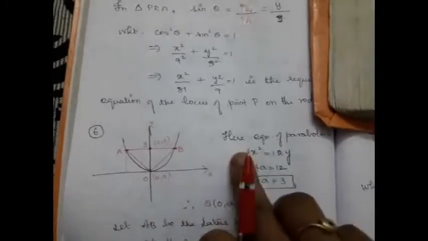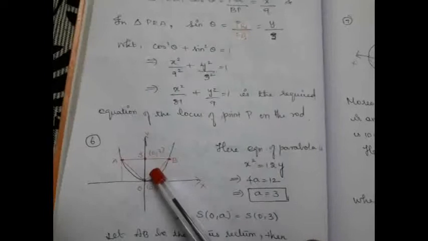X squared equal to 12y is the equation of the parabola given in the question, of the form x squared equal to 4ay. Therefore 4a is 12, so a is 3. Since it opens upward, the focus is 0, a. So 0, 3 is the coordinates of S, which is the focus, right?